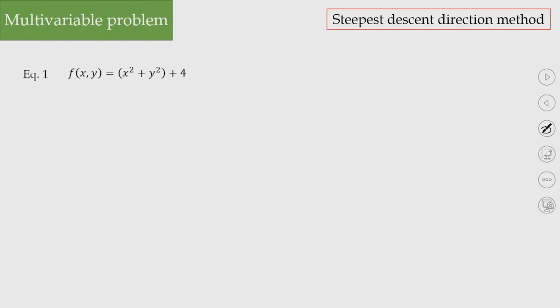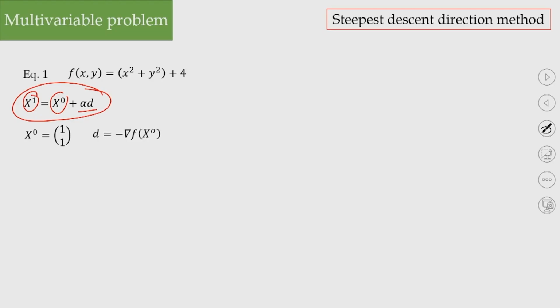Okay. So, let me solve the same problem that we discussed earlier, that is f of x y equal to x square plus y square plus 4. I would like to find out x 1, and here it is x naught plus alpha d, but x naught is like the earlier case, so it is 1 1, and in this case the direction is given by del f at x naught.